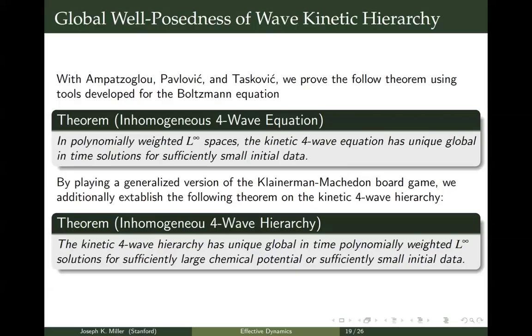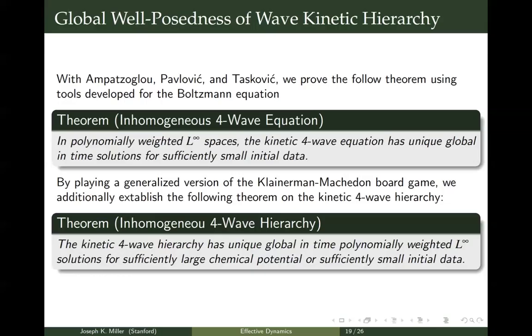Additionally, you can also play a version of the Klainerman-Machedon board game, which is combinatorially a little more complex, because in the previous one for Boltzmann, every time I add in a new particle, I'm looking for only symmetries when I flip one thing. But because I'm adding in two waves each time, I need to play a more complicated kind of combinatorial analysis game to figure out how to combine all of these sums together.